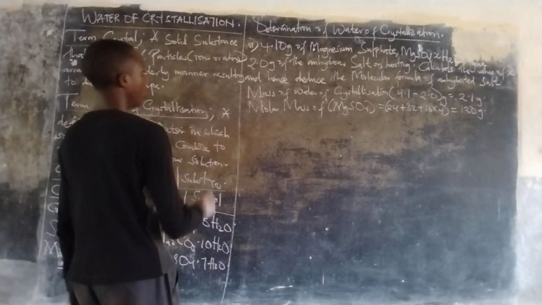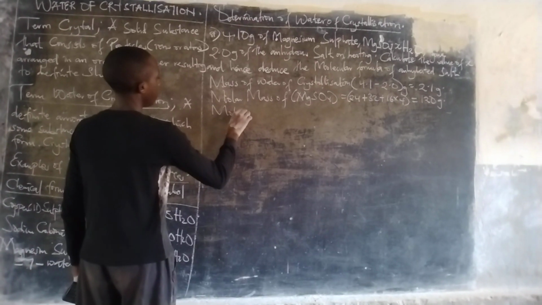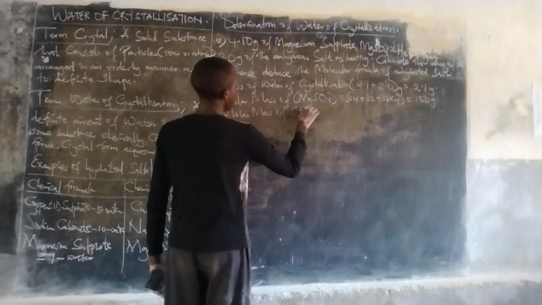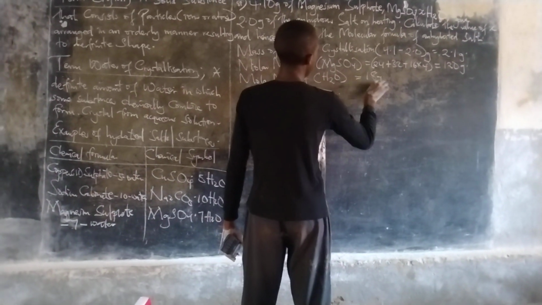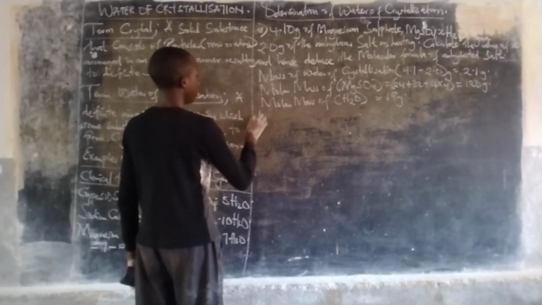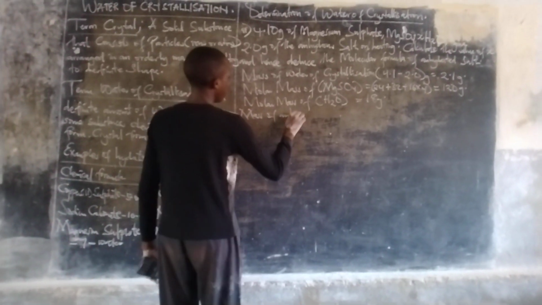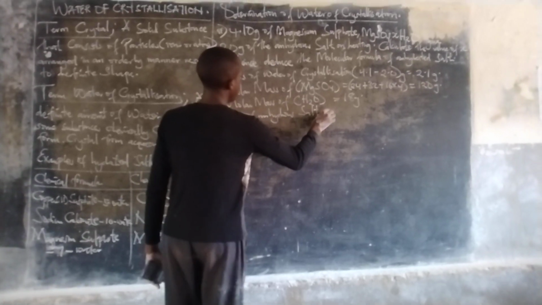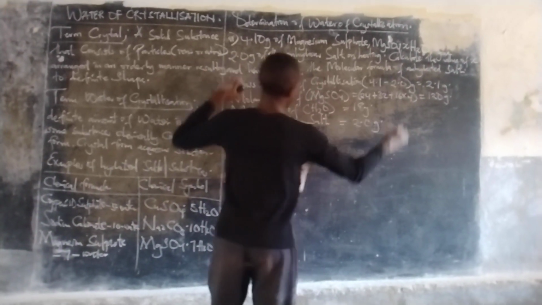We go on to the molar mass of water, that's equivalent to 18 grams. We go on to the mass of anhydrous salt, which they gave us as 2.0 grams.